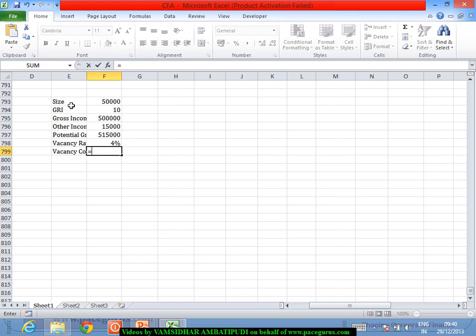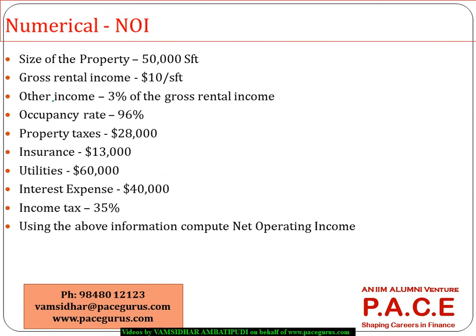Vacancy costs are nothing but 4% of my gross potential revenue. So vacancy costs are expected to be 20,000.